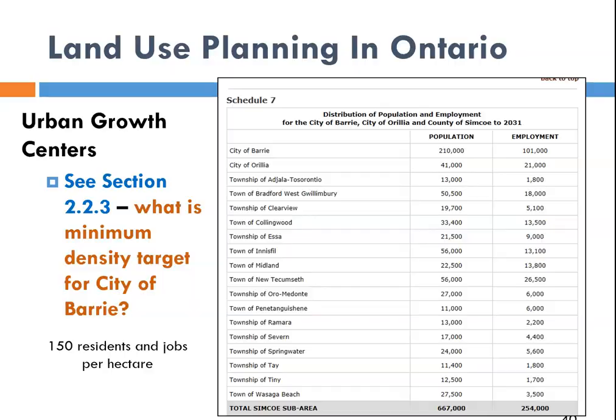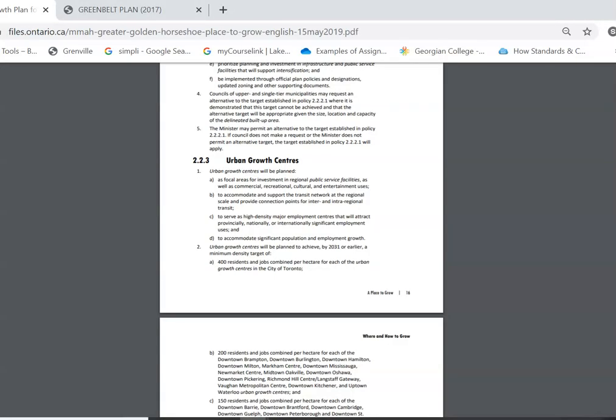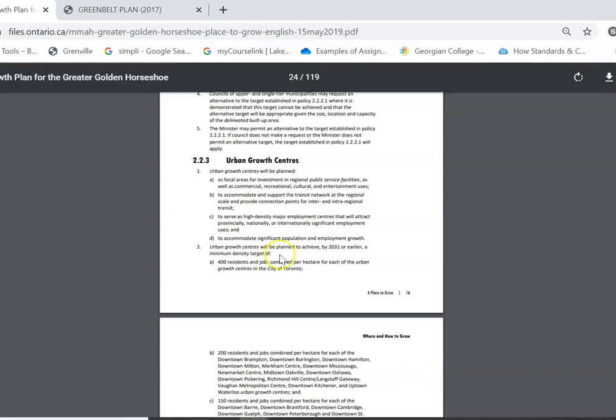So if you have a look in that A Place to Grow document, the PDF, and you're having a look at section 2.2.3, it's speaking about these areas where we want to focus that growth. And so the language that they're using is urban growth centers. And as you look, it includes those minimum density targets, and that there are certain areas.